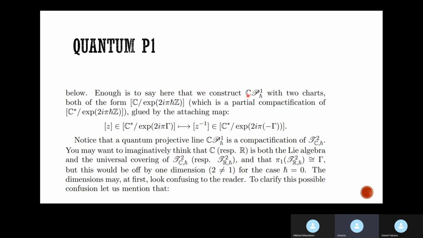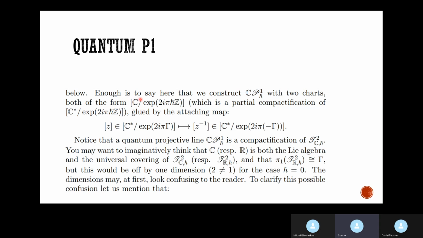To be more precise as to what quantum P1 is, well, it will be a stack. And if you want just to fix an idea in your mind for now, you can think that this is sort of an orbifold.